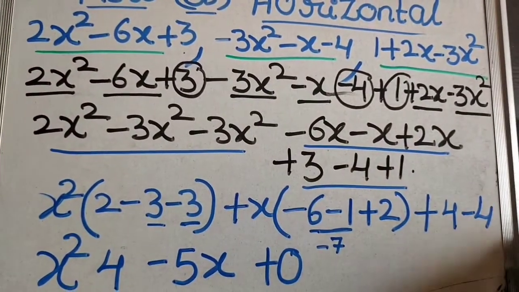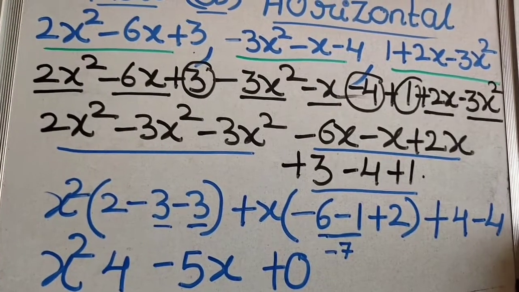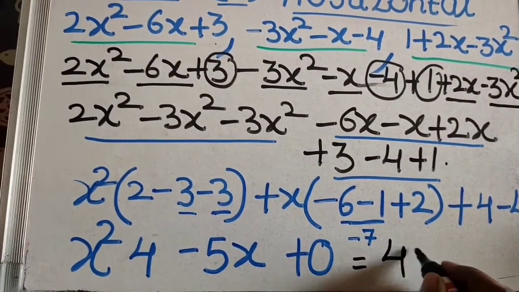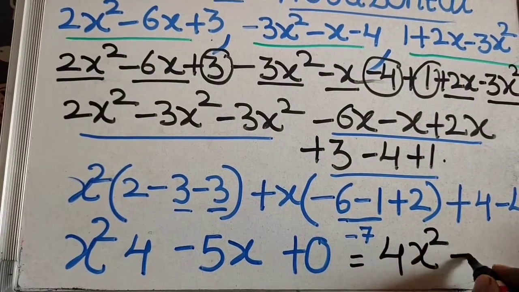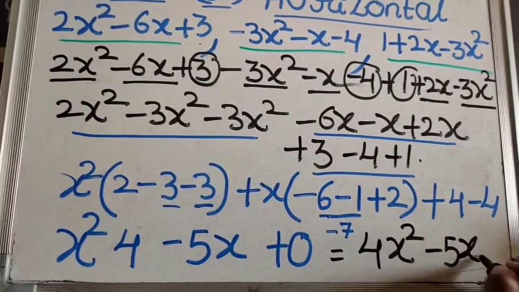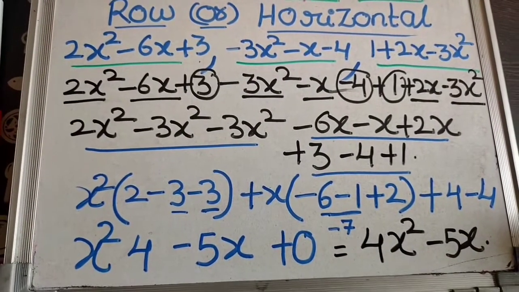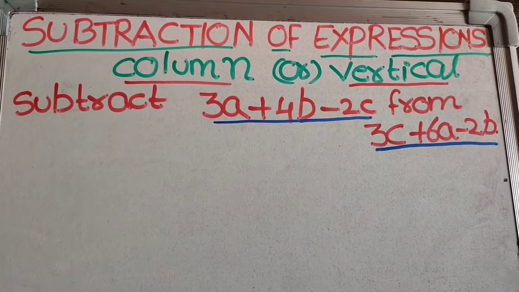So now write the equation, that means write it in the standard form. -4x² - 5x + 0. No need of writing 0.